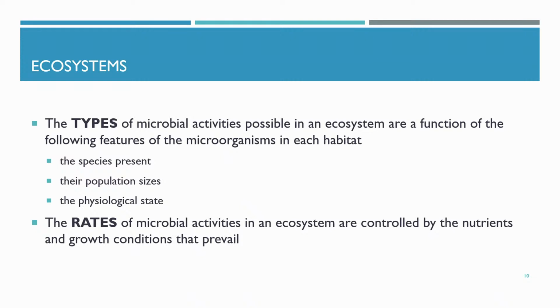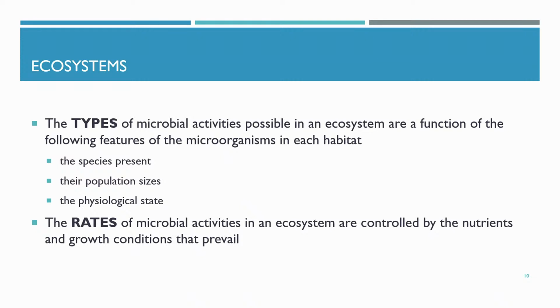So what that means is the types of different microbes that can be there, so the species present inside of an ecosystem. That also includes how big the population is or how small it is, and then the actual physiological state. So are they under attack? Is there an environmental stressor that's present in that ecosystem?